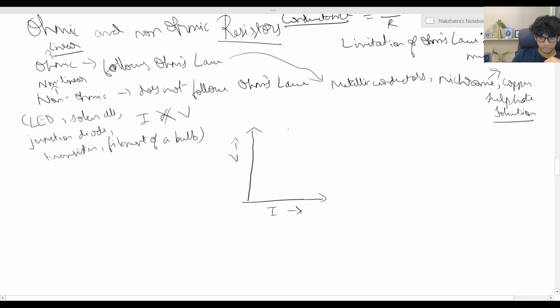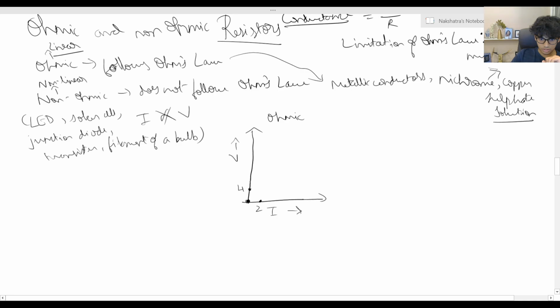Now for an ohmic resistor, you will find that when you plot the points... Let's say for a certain ohmic resistor I applied a potential difference of 4 volts and I found that the current is 2 ampere.